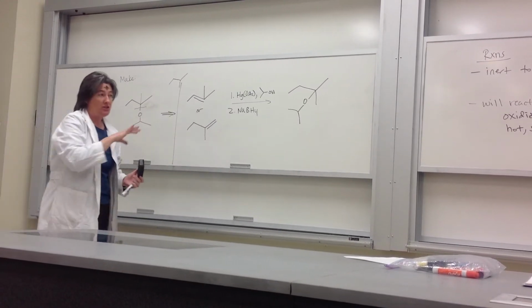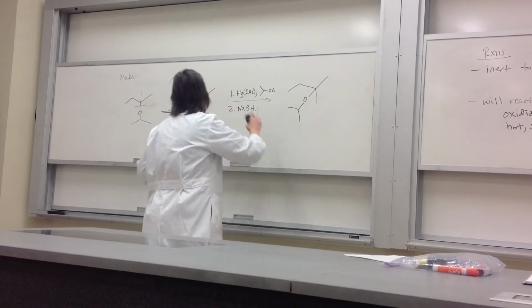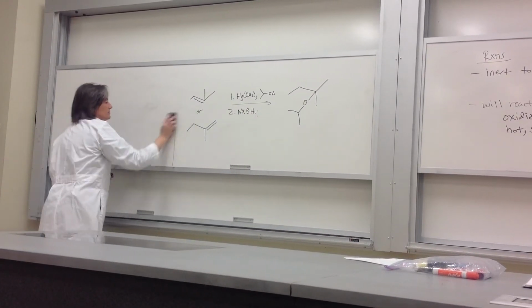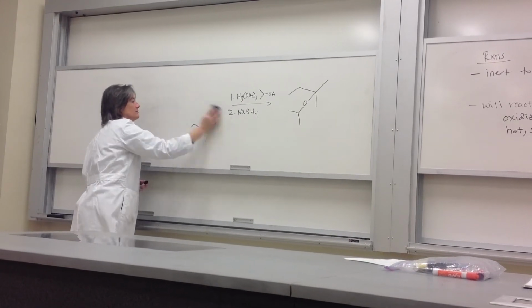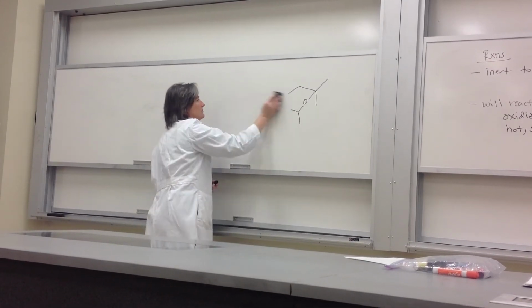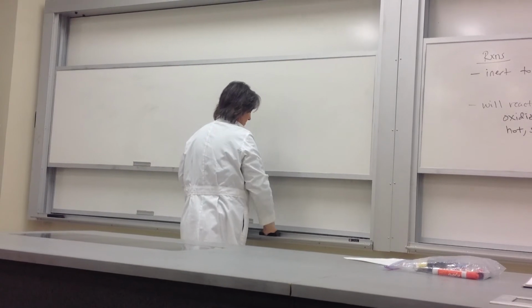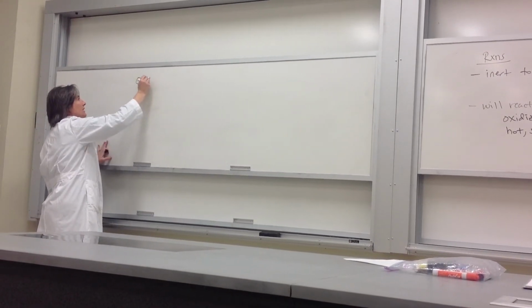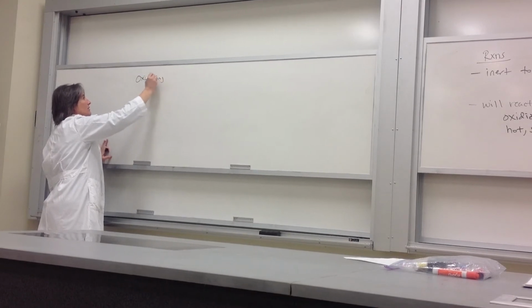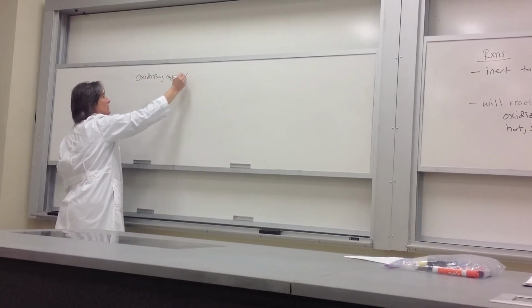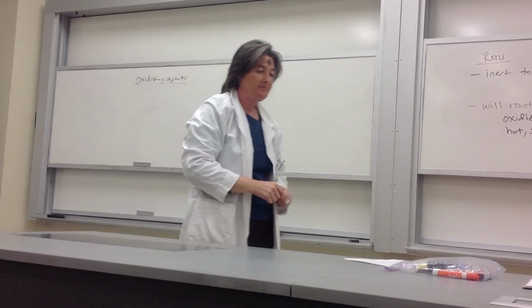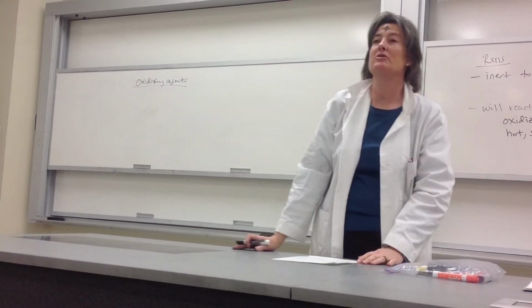Okay, so let's take a look at the two cases where it actually does something. We'll talk about this. The oxidizing agents is the most dramatic. You probably weren't paying any attention, but we kept the ether in the refrigerator.